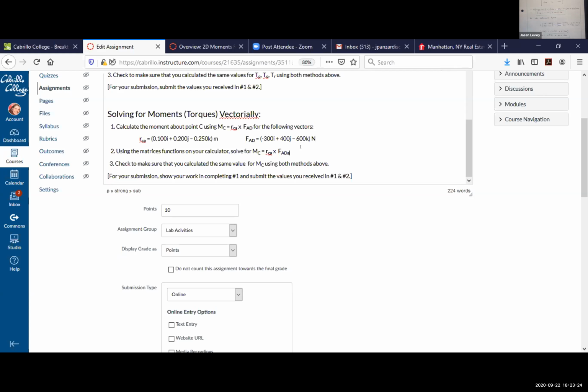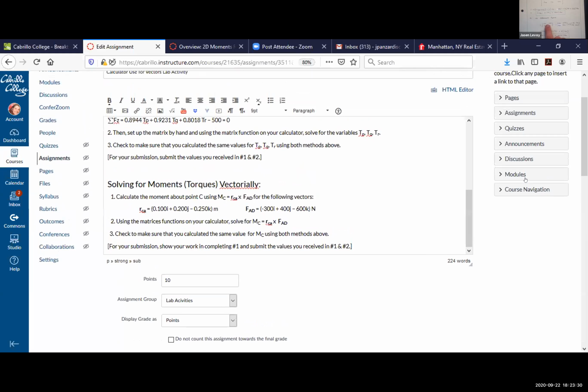You enter a matrix, that's this, but then the action that you apply on the matrix, the method, is determinant. You could say, use the determinant feature on a matrix in your calculator. Input vectors.